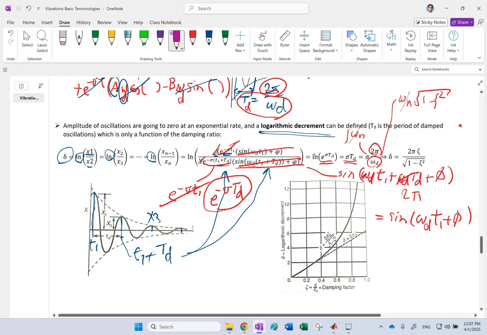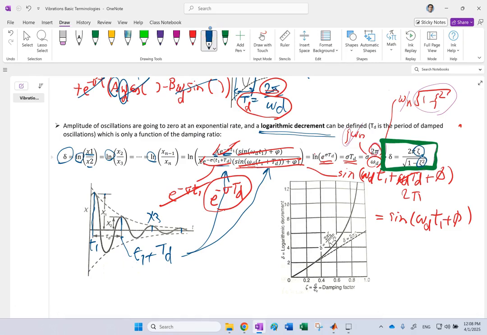So you're going to get 2 pi times zeta and this guy in the denominator. So ultimately, this one here is going to be your logarithmic decrement. And if you look at your logarithmic decrement, the interesting thing is it's only a function of the damping factor. It has nothing to do with natural frequency. It's only a function of damping factor, or I can say really it's a function of damping coefficient mostly.